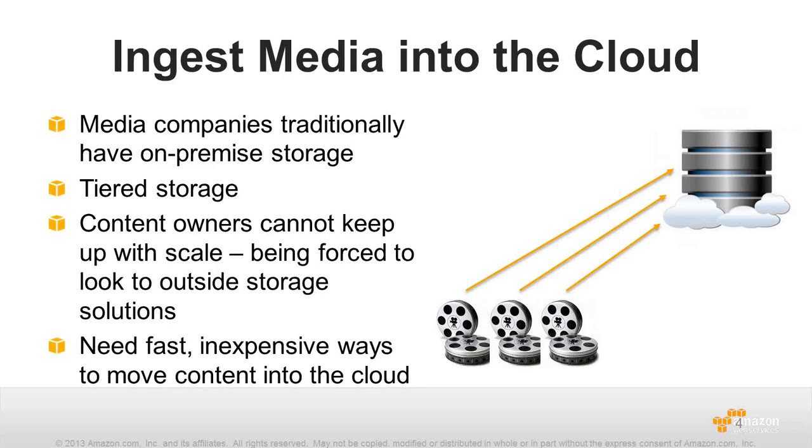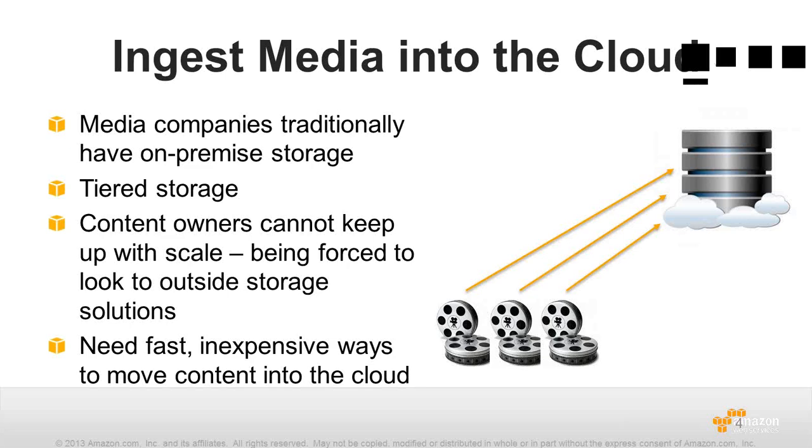Companies have tiered storage solutions, everything from working storage solutions like EditBase, where they need high-speed or fiber channel connectivity, to local SAN storage, maybe even some bigger storage for storing your catalog, and even some offline or off-site storage for archival purposes. But what we're seeing and hearing from media companies and content owners is that they're having a hard time keeping up with all of their storage requirements.